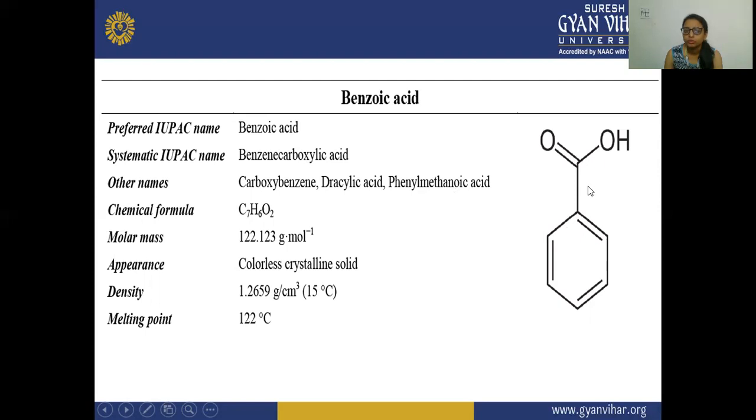So this is the phenyl, and this carbon is the methane, with the e replaced by oic acid. Its name is phenylmethanoic acid. And the chemical formula of benzoic acid is C7H6O2.